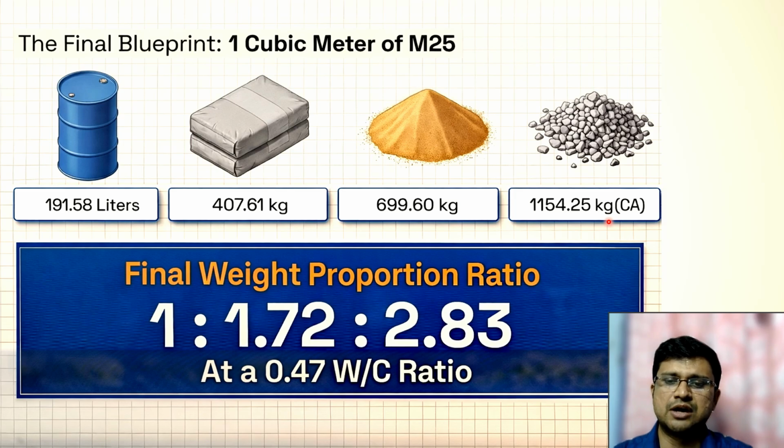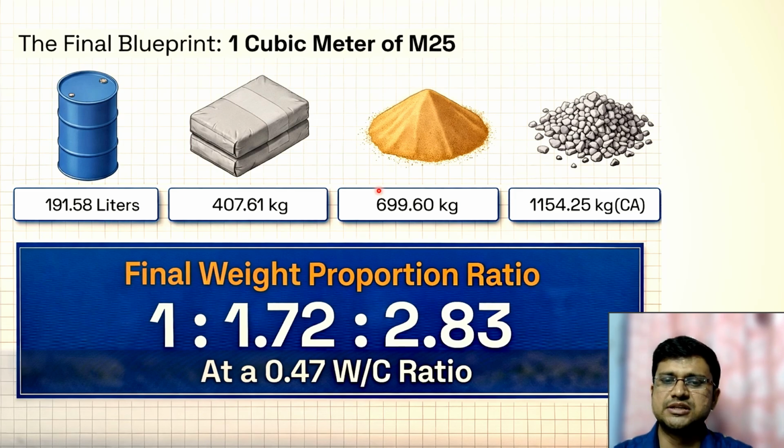Now finally, when we are doing the construction, the most important ratio is the ratio of cement, fine aggregate and coarse aggregate. And for this ratio, normally we take the weight of cement as 1. So we have to divide all these values by the weight of cement.